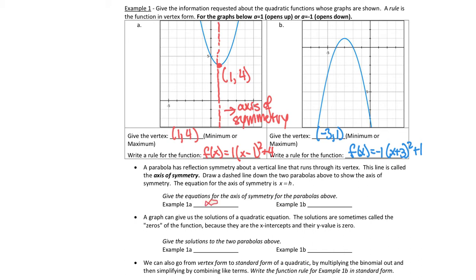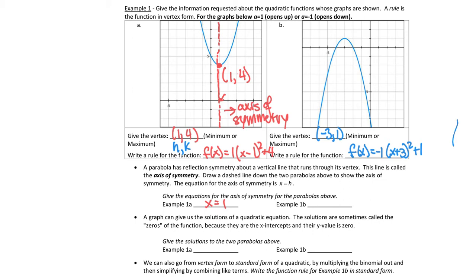We learned in the last video that my h is right here. So this is h and this is k. So for our answer, we've got x equals 1, and that's our h value. And so that is the equation of our line. We can see that it goes through 1 right here on the x-axis. So x equals 1.